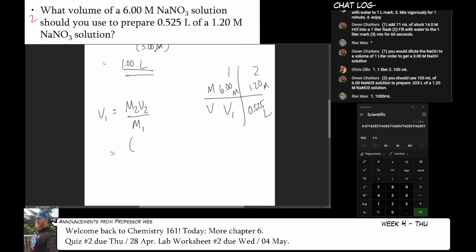Which would be 1.20 moles per liter times 0.525 liters over 6.00 moles per liter.